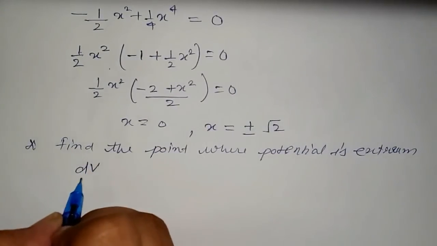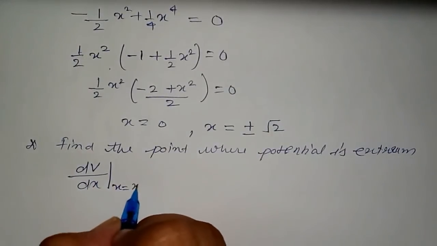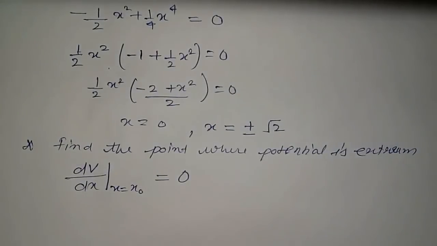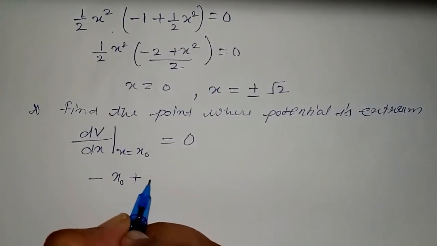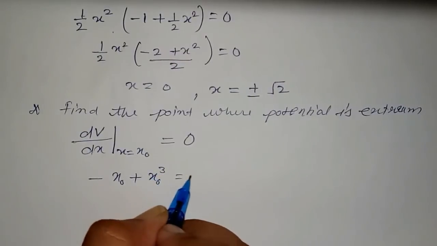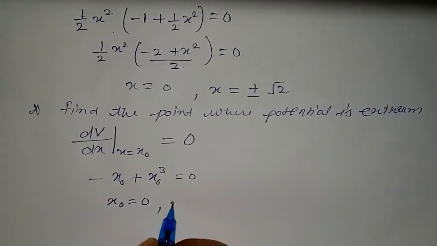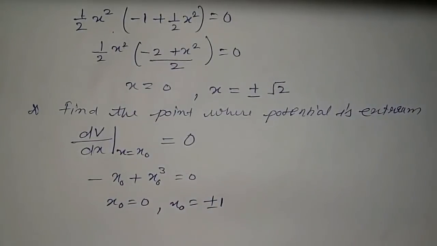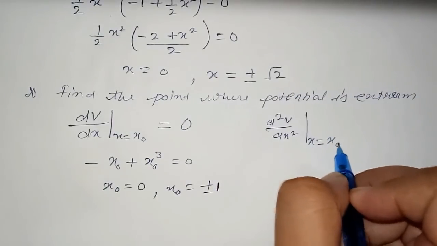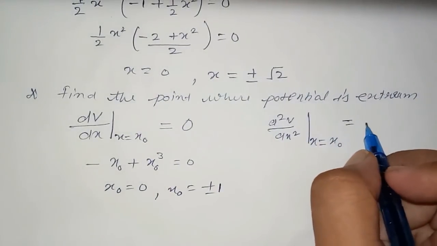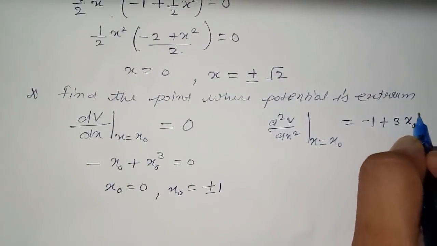the derivative of V upon dx at x equal to x naught equals 0. After the derivative, we get minus x naught plus x naught to the power 3 equal to 0. The value of x naught is 0 and plus minus 1. And the double derivative of potential at x equal to x naught, after derivative, we get minus 1 plus 3 x naught square.